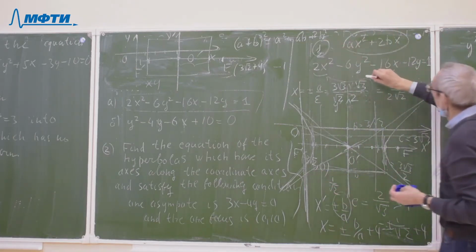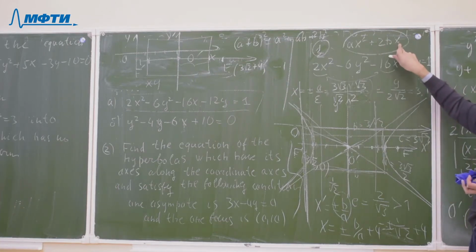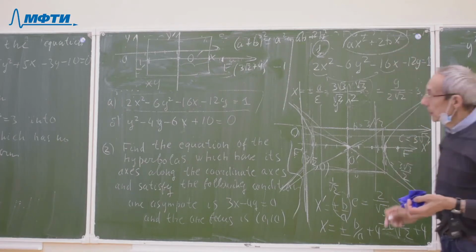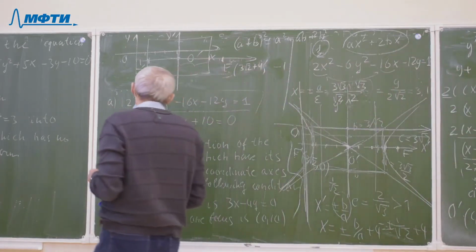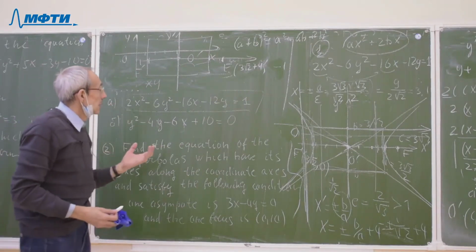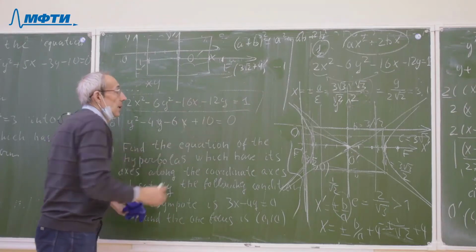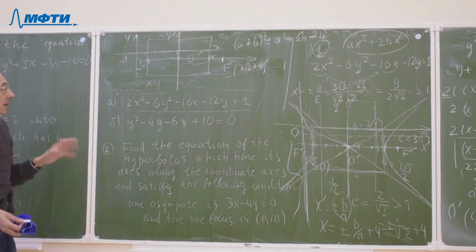Using this formula, we can write this expression as the sum square plus a constant term. And using this formula, we rewrite our equation so that the linear term is killed.